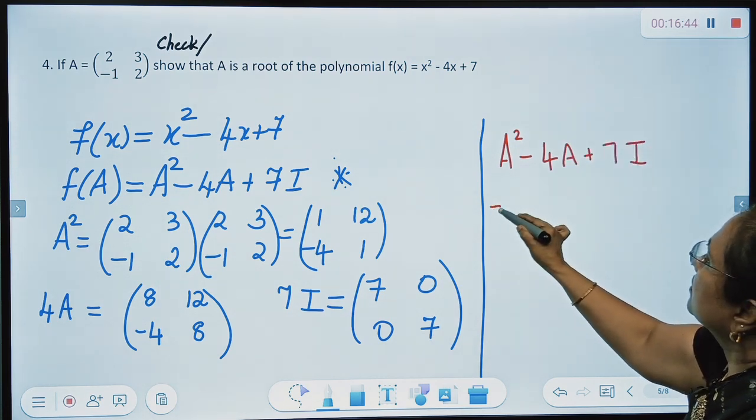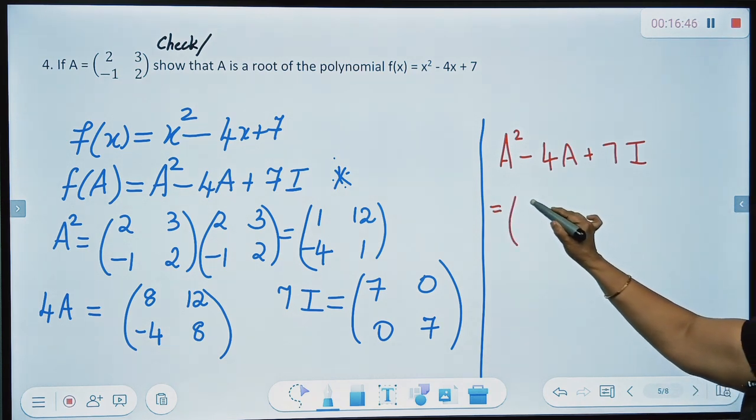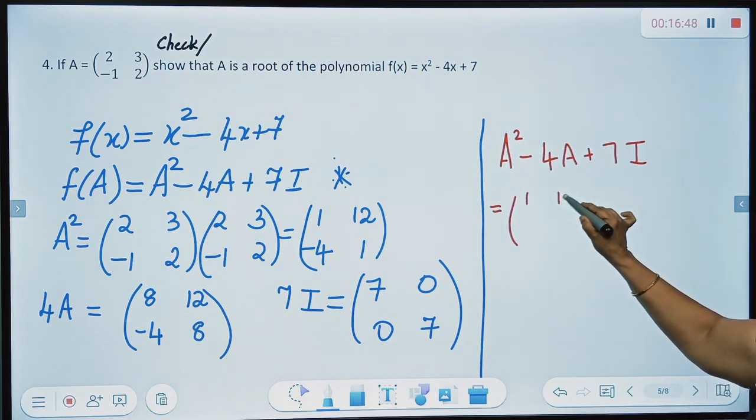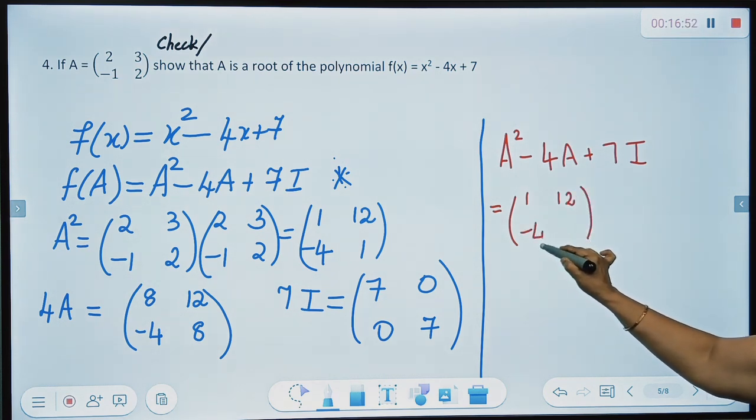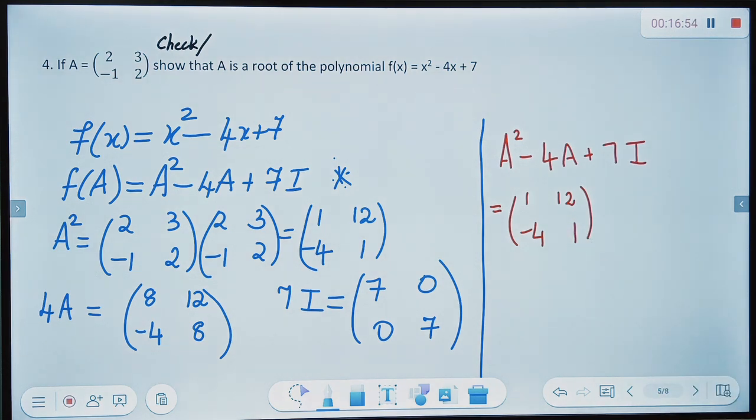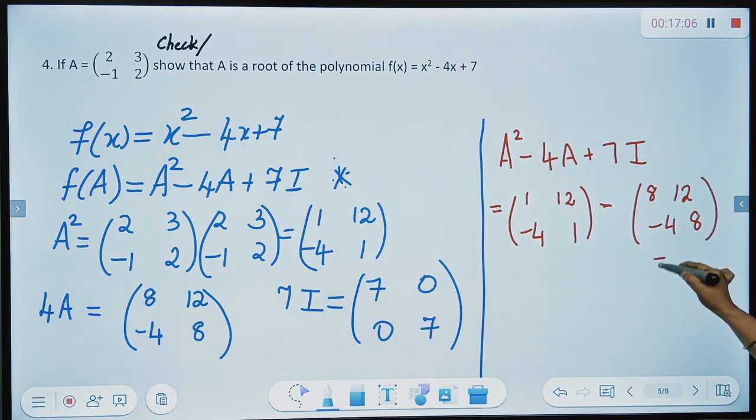What is A square? [[1,12],[-4,1]] minus, what is 4a? [[8,12],[-4,8]], right? Plus 7I, plus [[7,0],[0,7]].